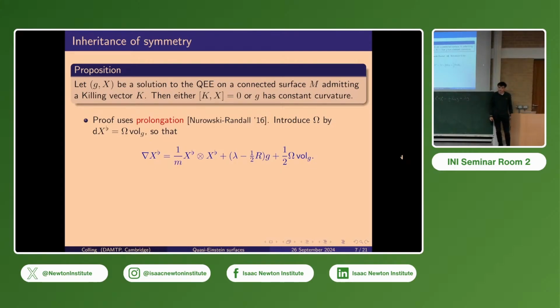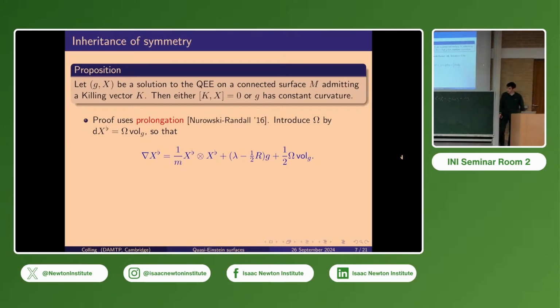Randall. You note that the quasi-Einstein equation only prescribes the symmetrized derivative of x. So we introduce this function omega containing the anti-symmetric part of the derivatives. Then we get this prolonged equation, and now we can differentiate this again and commute some derivatives to get an expression for d omega, which will be a polynomial expression in x and omega with coefficients depending on the metric.